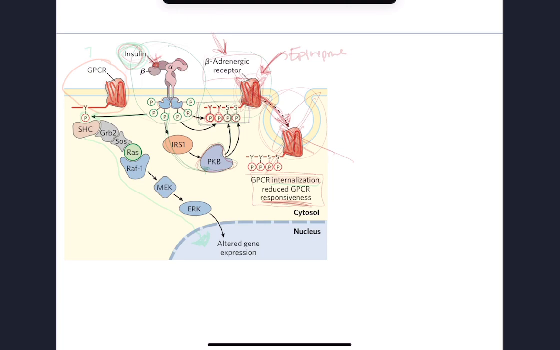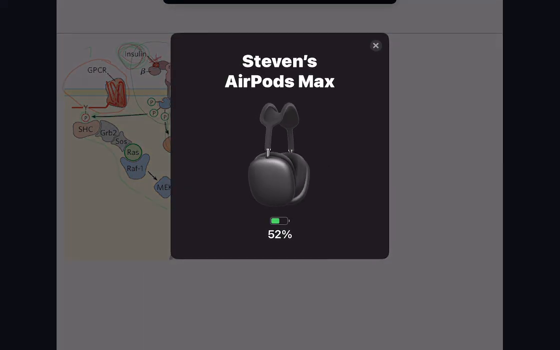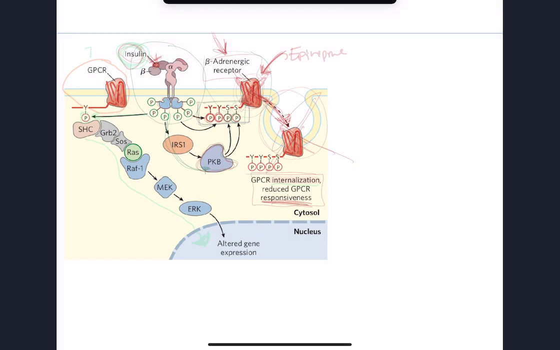So, for example, the INSR that we talked about, the insulin receptor kinase, directly phosphorylates tyrosine residues in the cytoplasmic tail of beta-adrenergic receptors, and PKB, activated by insulin, will phosphorylate serine residues in the same region. The phosphorylation of those residues will trigger what's called a clathrin-aided internalization of beta-2 adrenergic receptors.